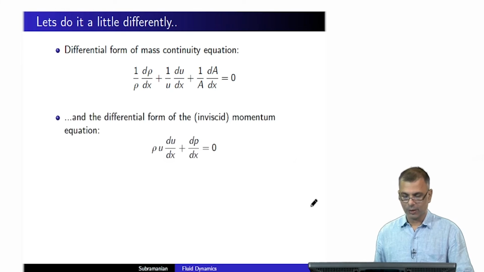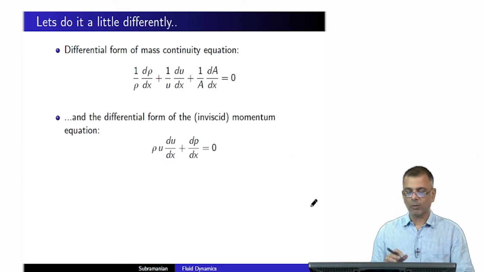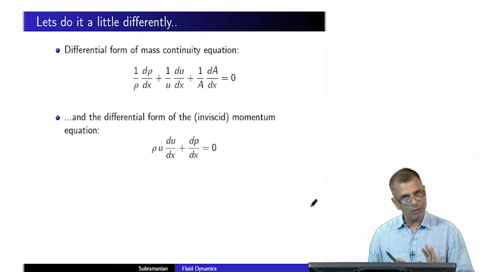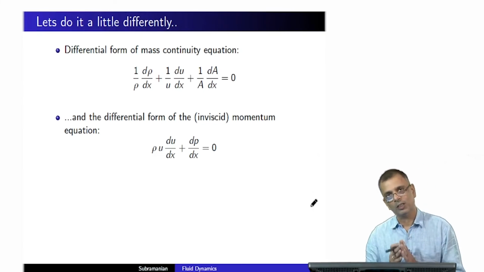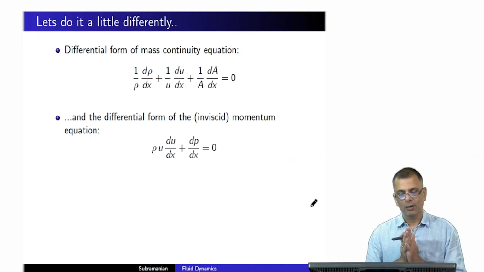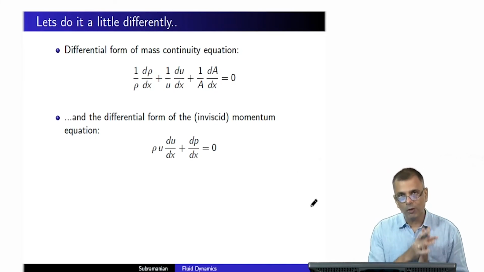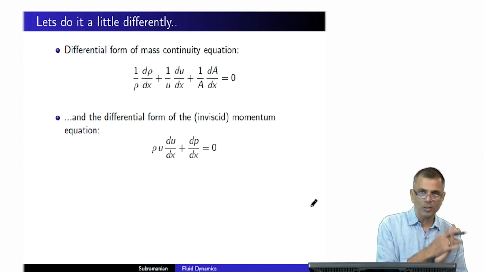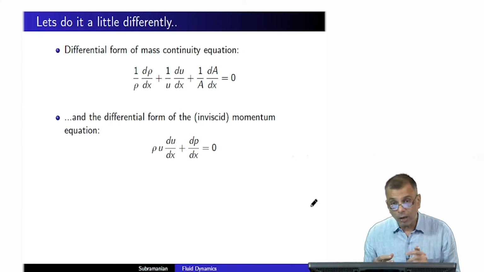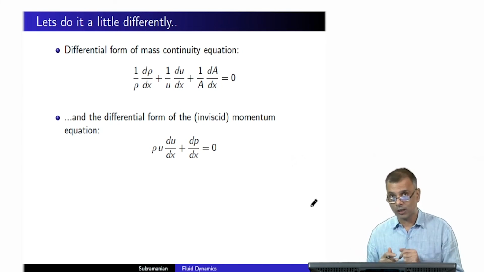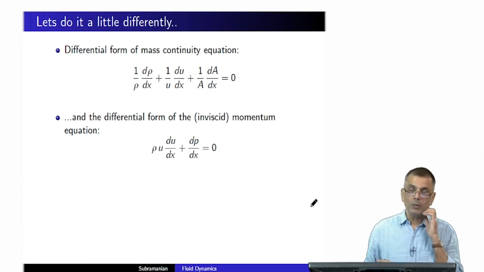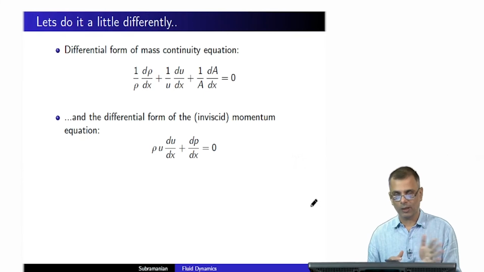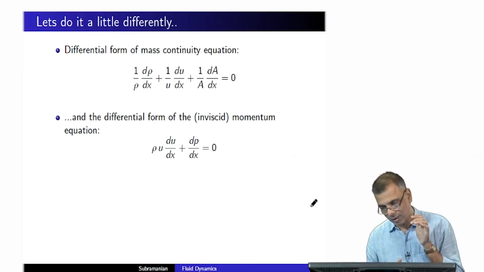And the differential form of the inviscid momentum equation: we don't bother about viscosity. We are not concerned even with shock thicknesses or anything. We are concerned about flows that transition from subsonic to supersonic, not via a discontinuity, not via a shock, but smoothly. Even when we were discussing shocks, we neglected viscosity, so we neglect viscosity here too.